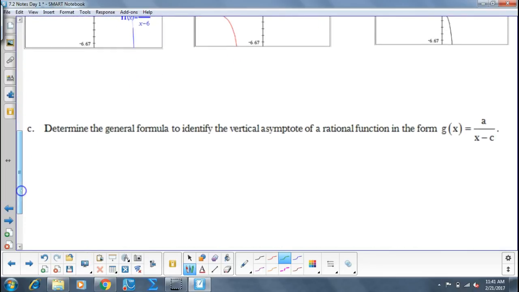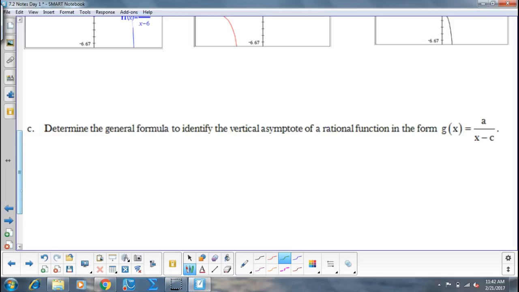Determine the general formula to identify the vertical asymptote of a rational function of the form g of x equals that. What's the vertical asymptote in that general function? C is a letter. X equals C. You gotta say it right, because if you just wrote 6 on a test, it would be marked wrong.